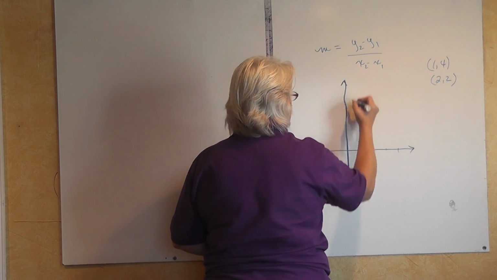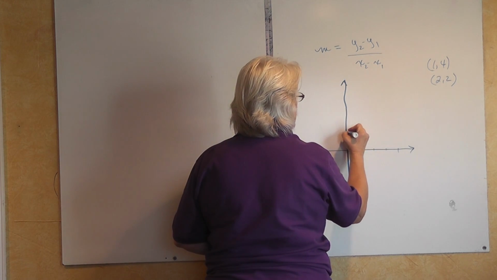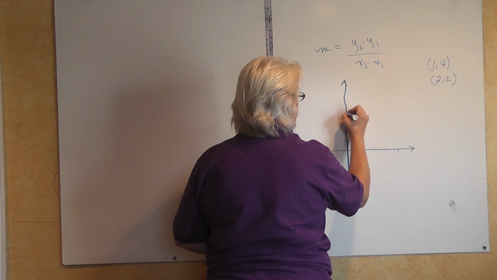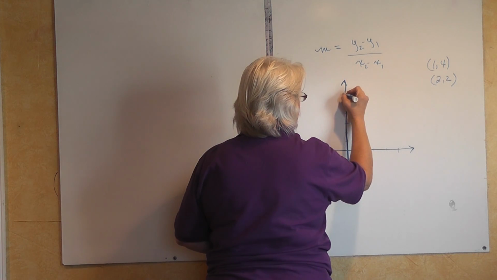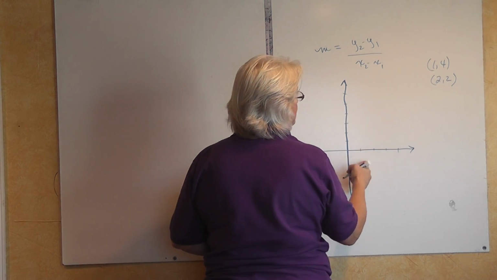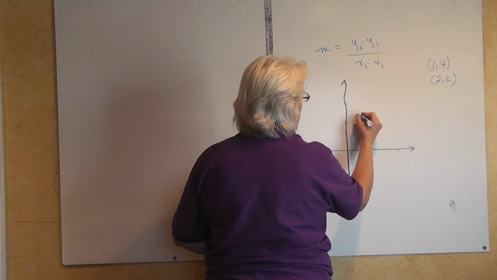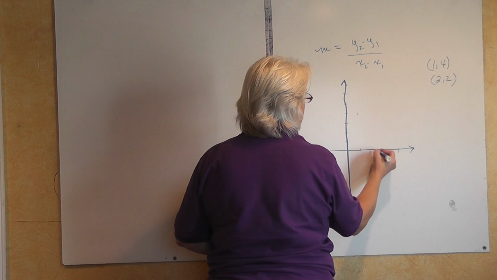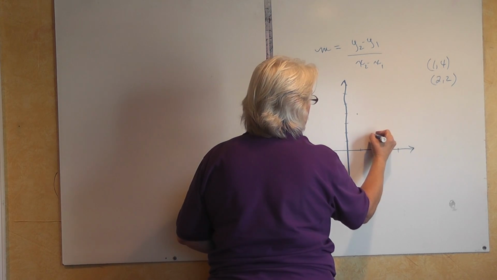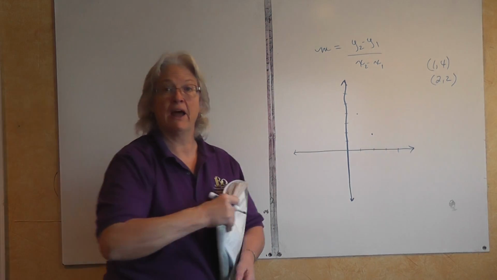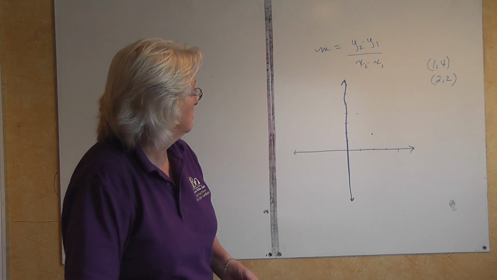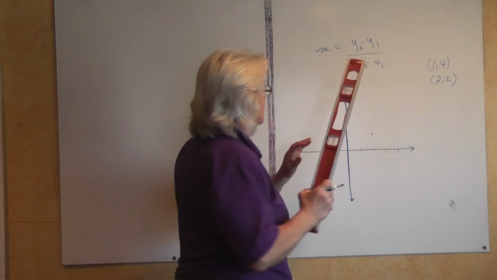I apologize that I don't have this a little bit more neat. Okay, and I'm just going to go ahead and graph this. Draw our straight line, so that I can actually show you how slope is working.